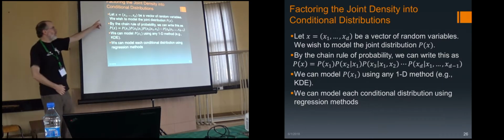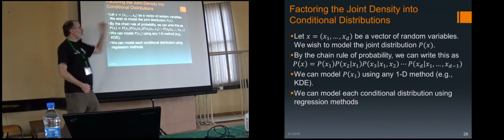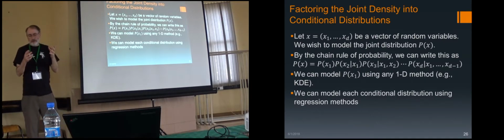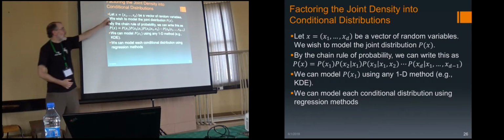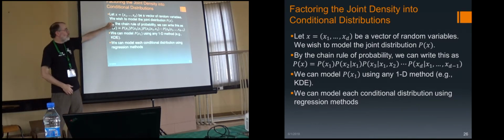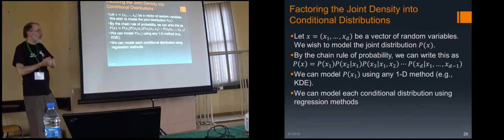So let's suppose that we have a d-dimensional vector of random variables, and we have a data set with many x values, and we want to model the joint probability distribution of these points, what we've been trying to do all day today.